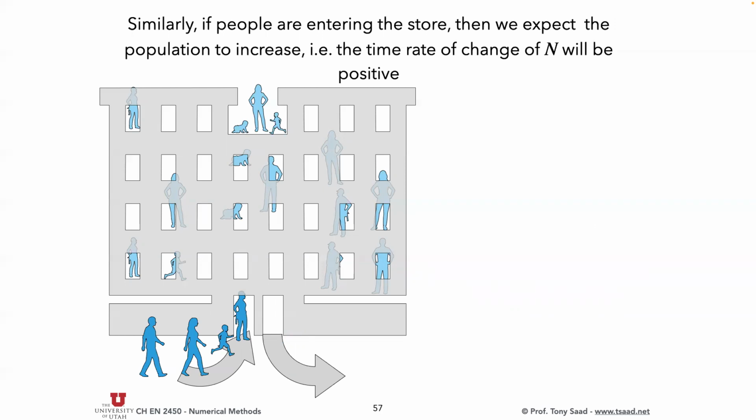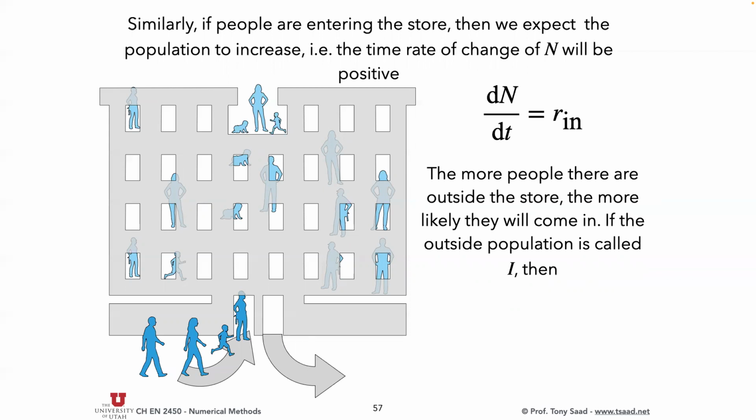If people are coming in, then the rate of change is going to be positive, and we call that R in. It's a positive number. And the more people that are outside the store, the more likely they will come in. Therefore, if the outside population is called I, or O, then dn by dt is beta I, or simply R in, whatever that R in is.